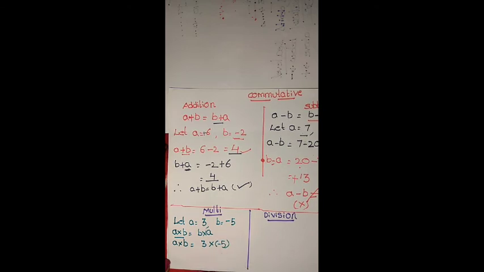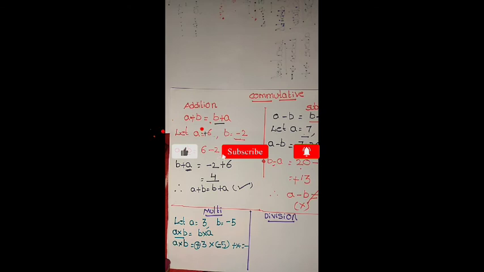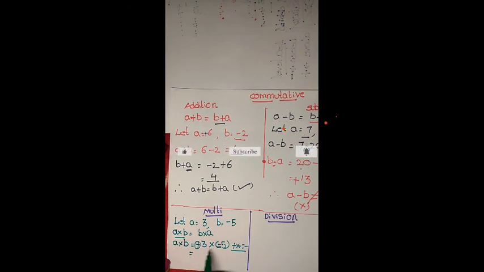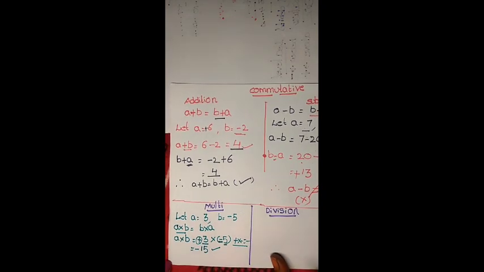Don't forget to get the sign also. So plus 3 and minus 5. If there is no sign before a number, it means it contains the plus, positive sign. Minus into plus gives minus. So first we multiply the numbers. 3 times 5 is 15 and plus into minus gives minus. So minus 15 is our result. Now let us check for b cross a.